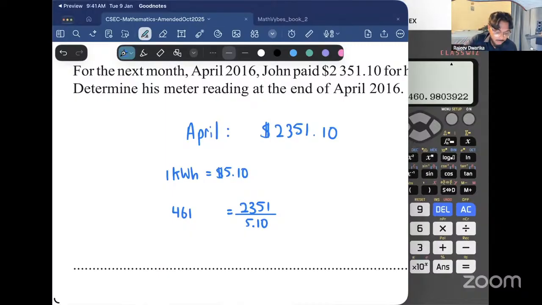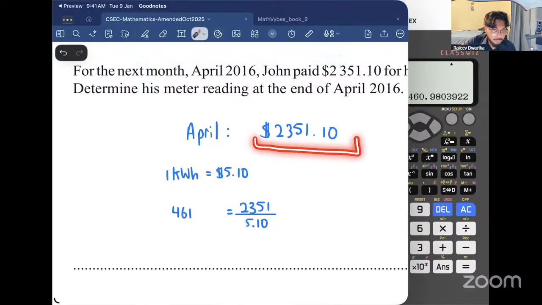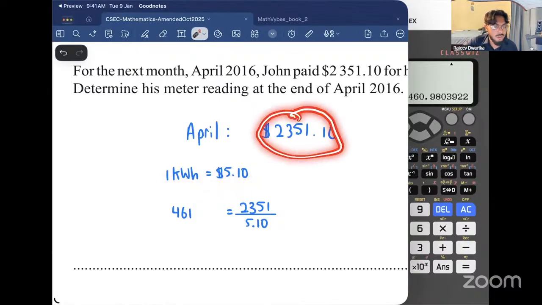Because he paid this money for April, right? And we know every 1 kilowatt hour he uses costs him $5.10. So if I divide this by $5.10, I would figure out how many kilowatt hours he used to have to pay that amount. You understand that? Yes, sir.